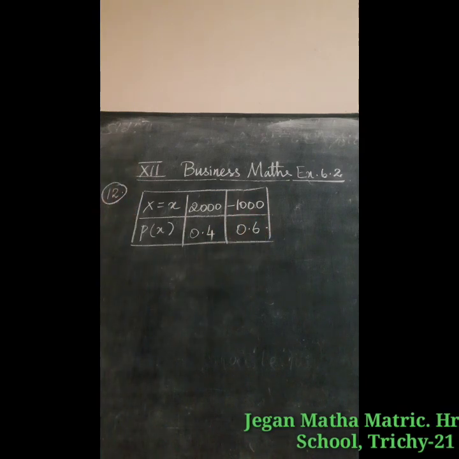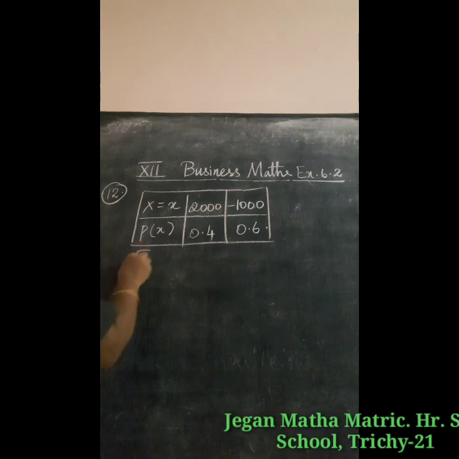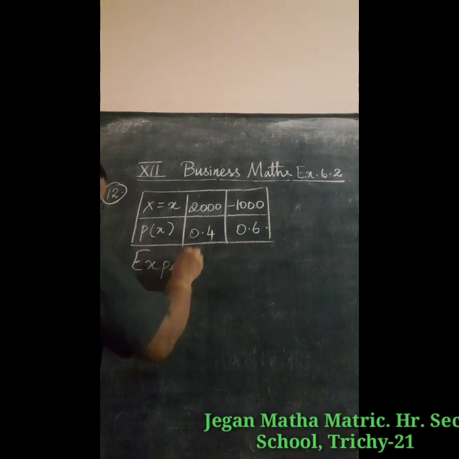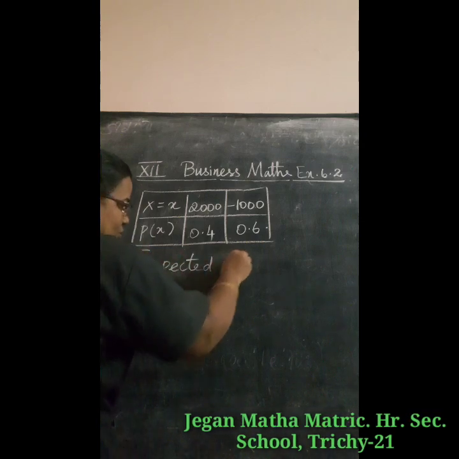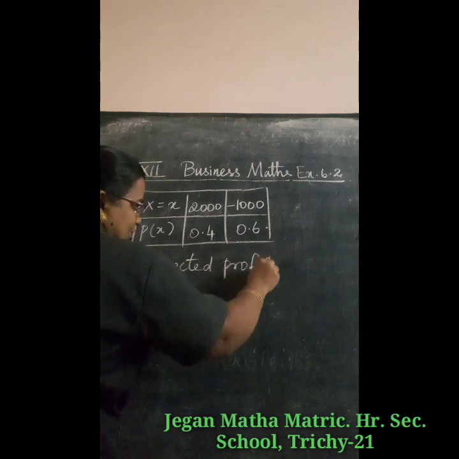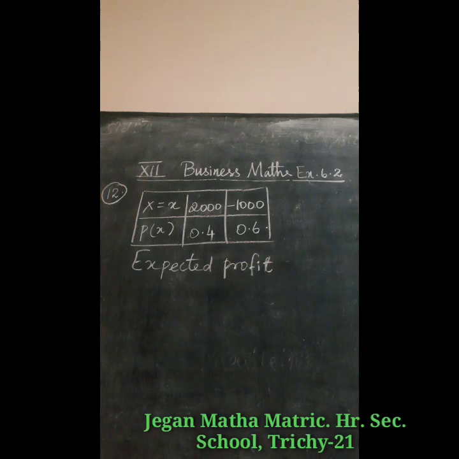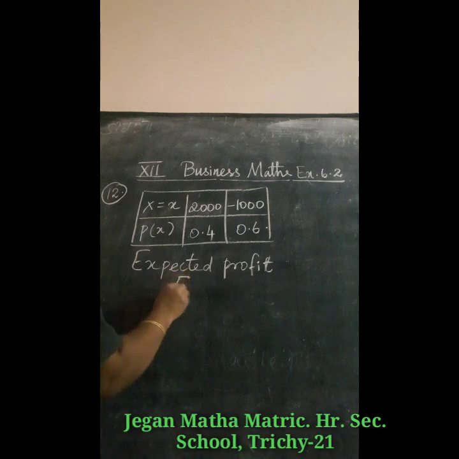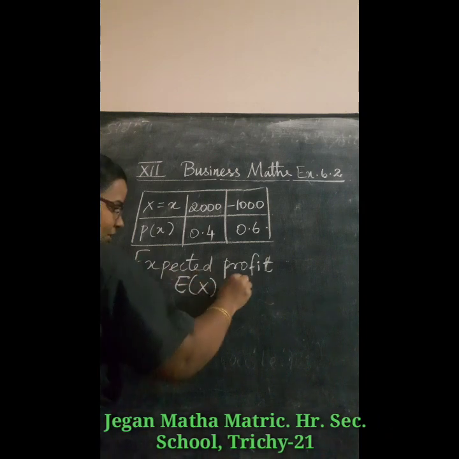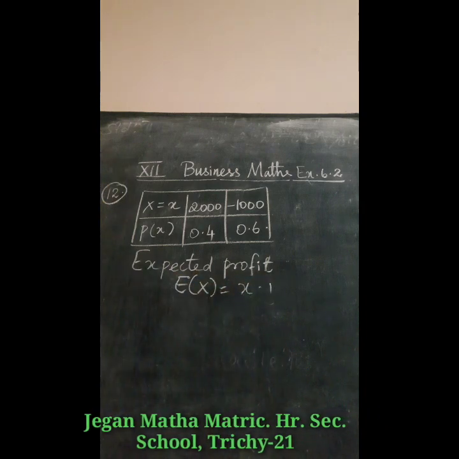Now we have to find out the expected profit. Expected profit is E of x, and E of x is equal to summation of x into P of x, that is the formula.